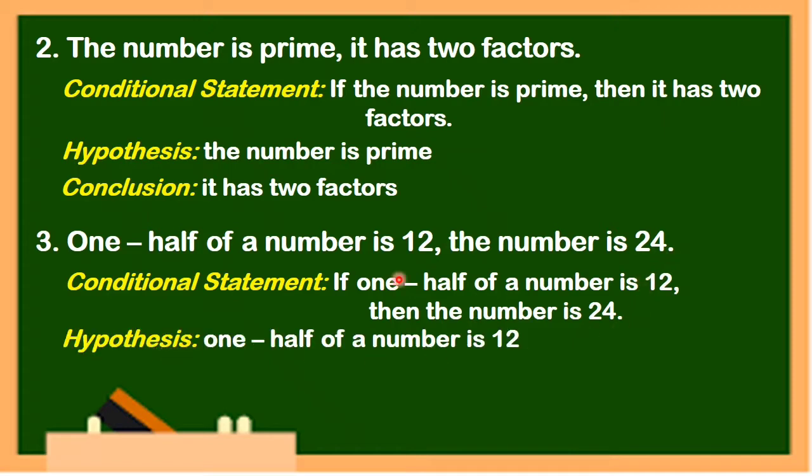Its hypothesis is 1/2 of a number is 12. As you can see here, you're going to look at the conditional statement, and its conclusion, the number is 24. You don't put or write the word then.